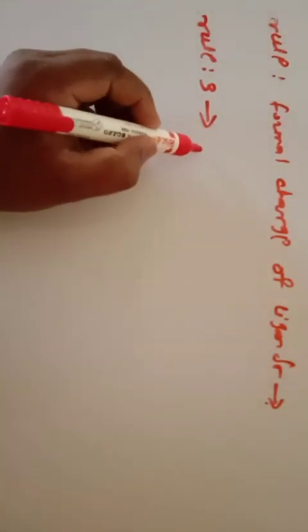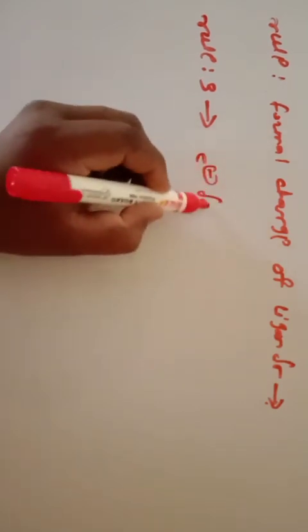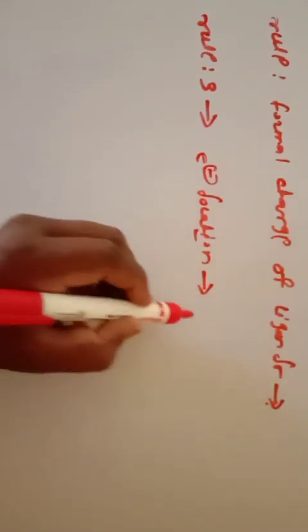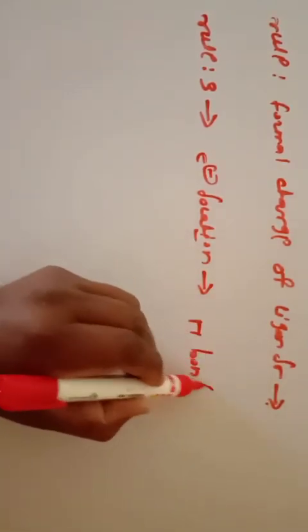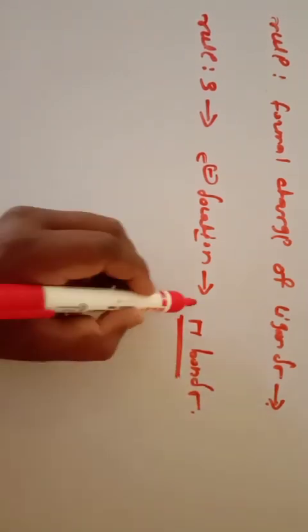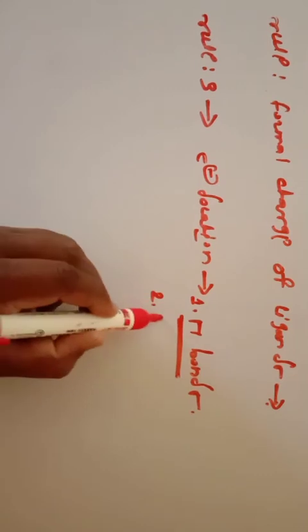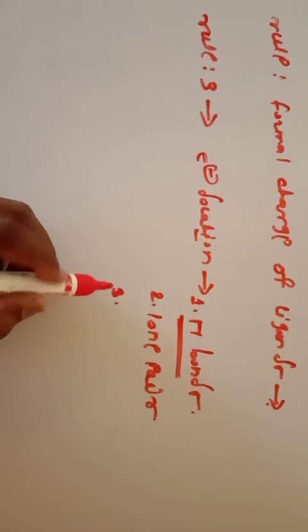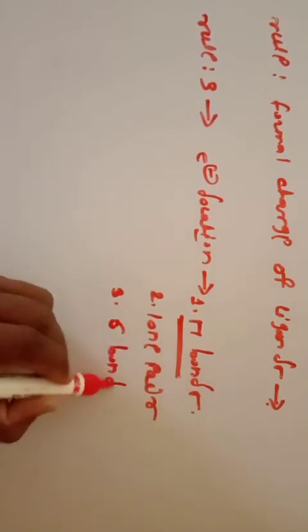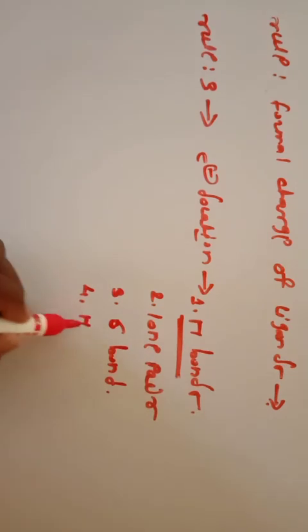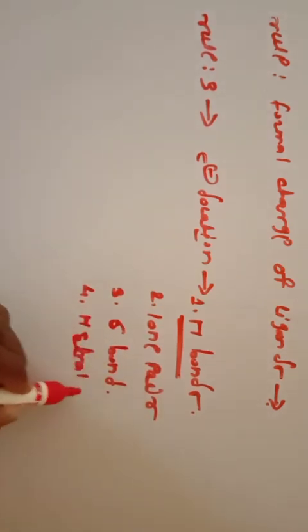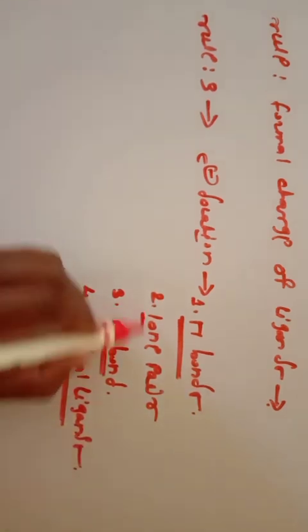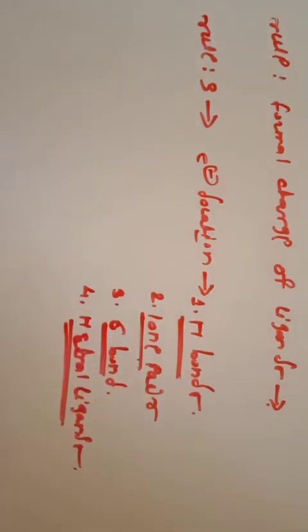You should remember, the donation can come first from pi bonds, second from a lone pair, third from a sigma bond, and fourth from neutral ligands. In this case, the ligand does not have any formal charge.